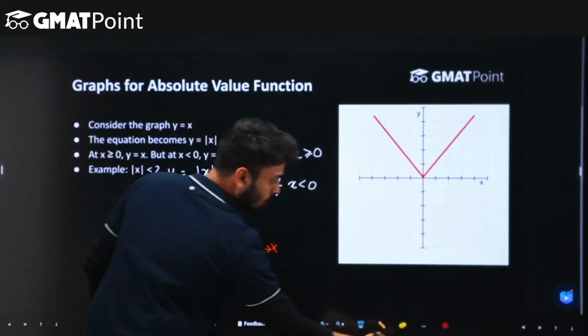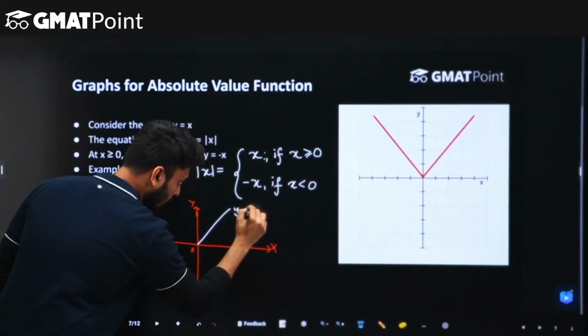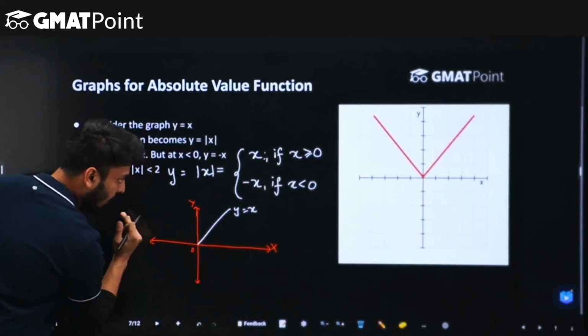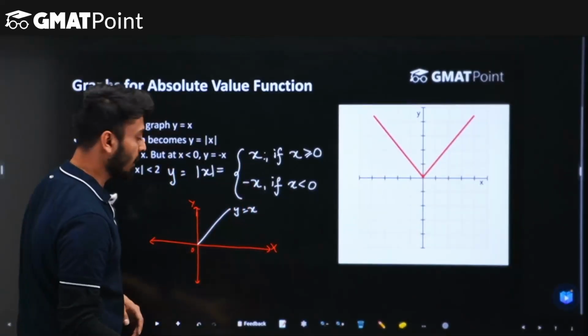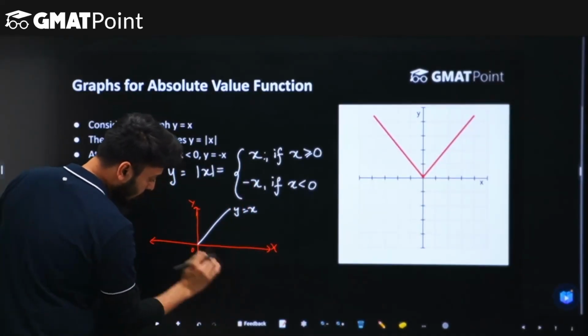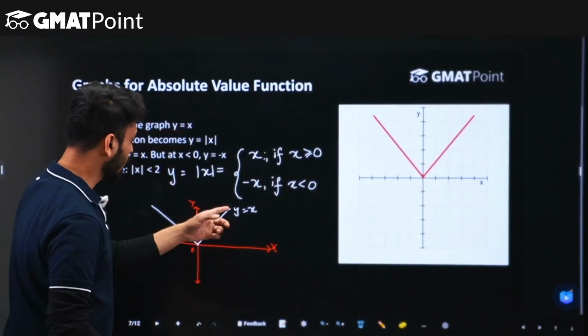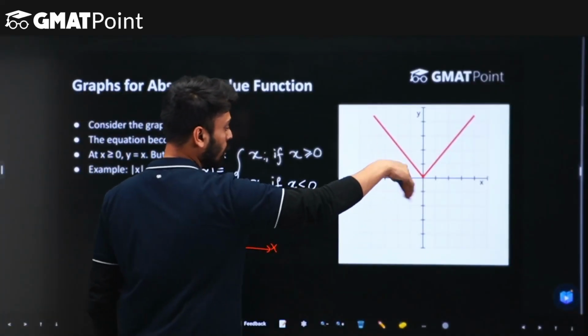That gives me the graph for y equal to x. But if x is less than 0, which means left of the y-axis, we have y equal to minus x. What is the graph for y equal to minus x? It looks like so. So just for this region, I would get this. We can see this is the same as this graph over here.